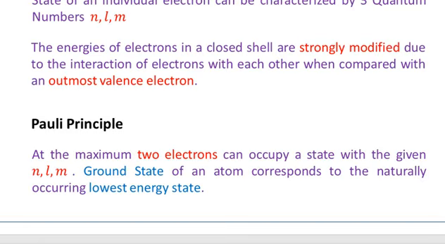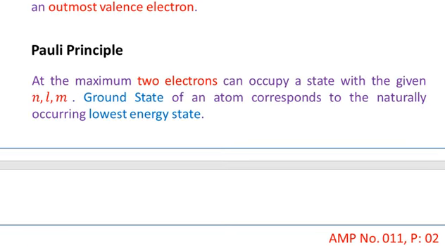Now let's talk about the Pauli principle. At the maximum, two electrons can occupy a state with the given quantum numbers n, l, m. So with these three quantum numbers, two electrons can be accommodated.